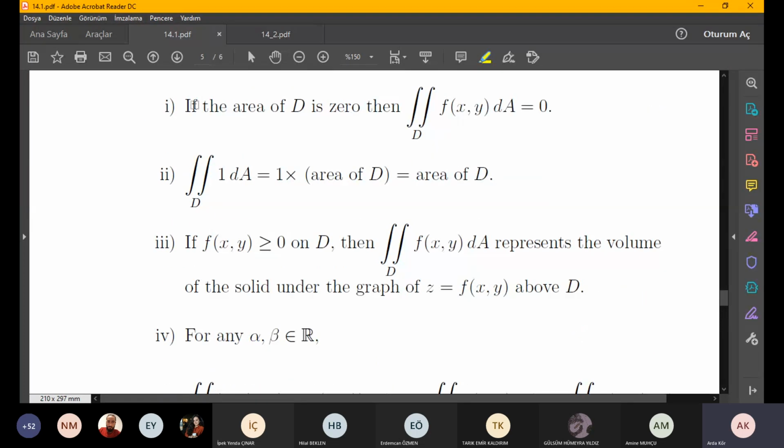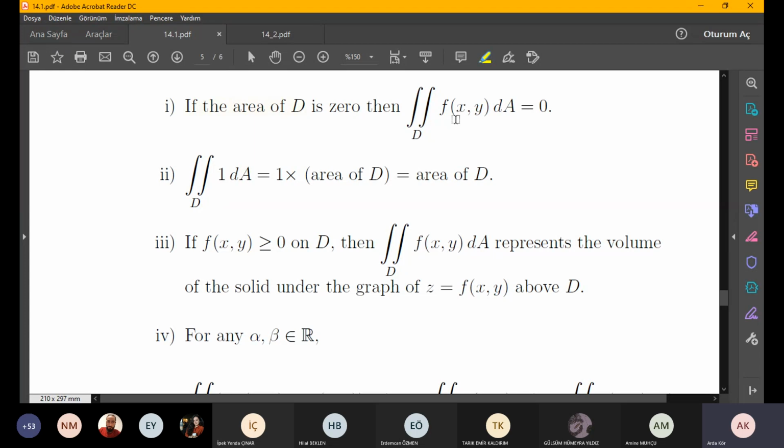If the area of D is 0, that means you don't have an integration area. So the double integral of f(x,y) over D has to be 0 if the area of D is 0, because there will be no volume, right?